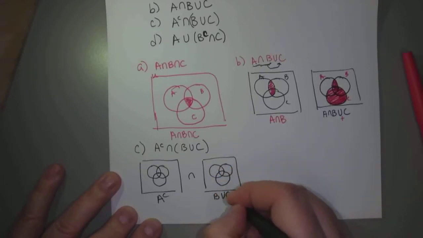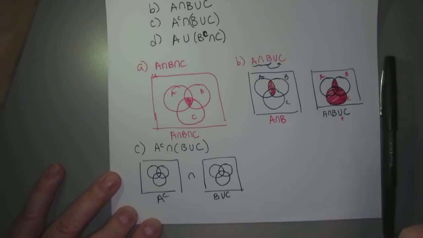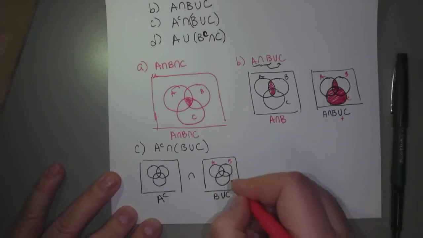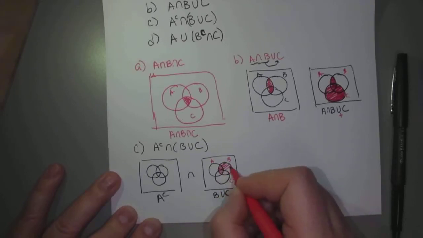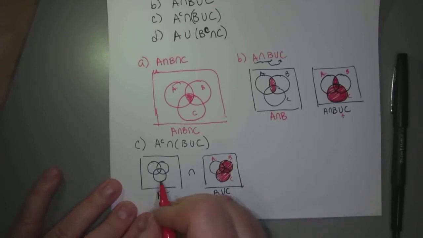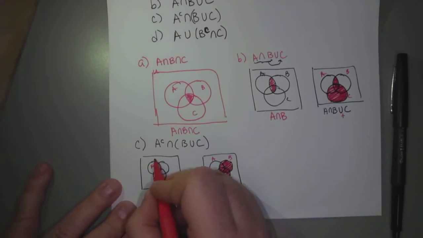So B union C. So A, B, C. B union C is all of B, and add to it all of C. So here's B union C. A complement is everything that's not in A.